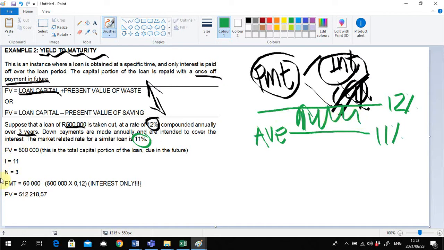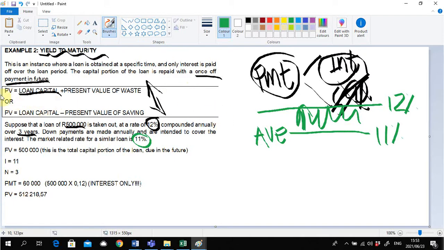And the purpose of calculating a present value for your yield to maturity is basically calculating what is the cost of this loan and what is the cost that I am incurring in order to pay off this amount in future, or to pay this once-off payment that enables me to pay this once off in future. And here you will see that I've said we are wasting money.